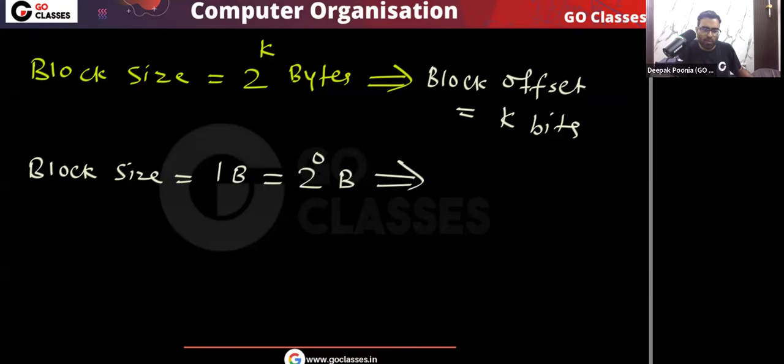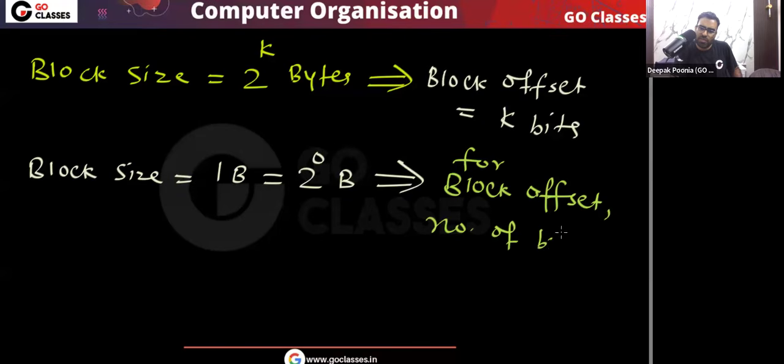So for block offset, how many bits do we need? That will be 0.